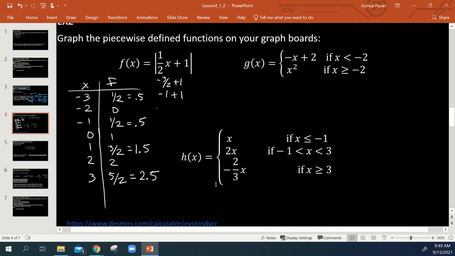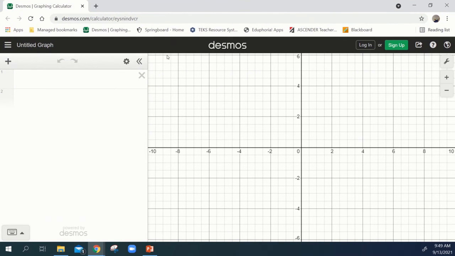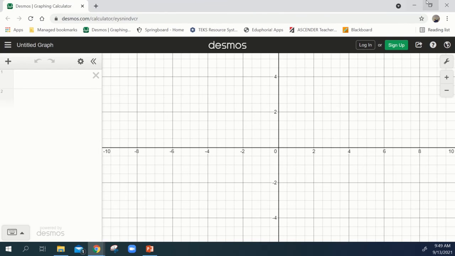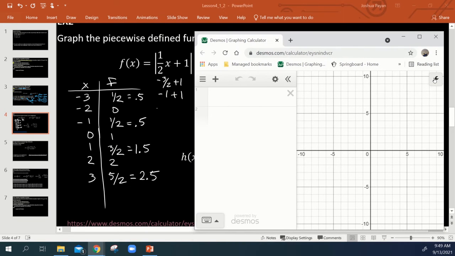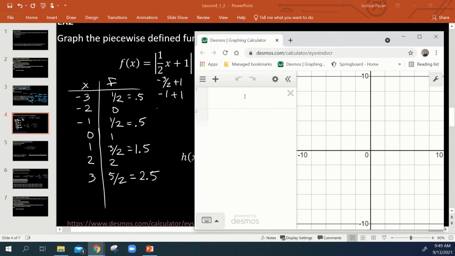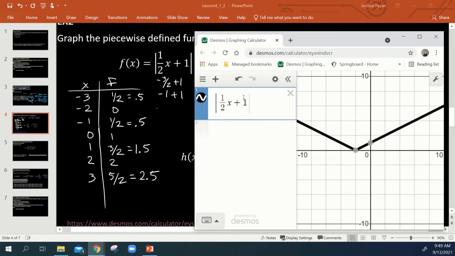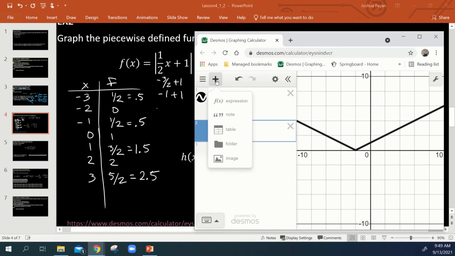Okay, so what that's going to end up looking like when we actually graph these points out. So if I do 1/2 x plus 1, absolute value, I go ahead and add a table.